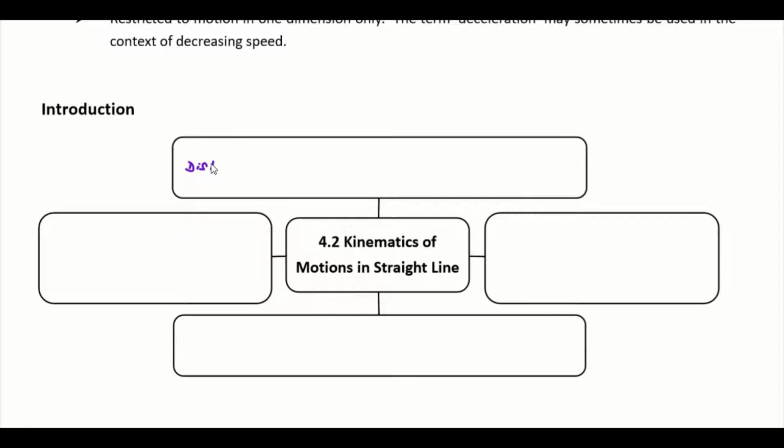You can write in your handout as well. So the distance, then the next one you have speed, then after that we have displacement, velocity, and also the last one is acceleration.